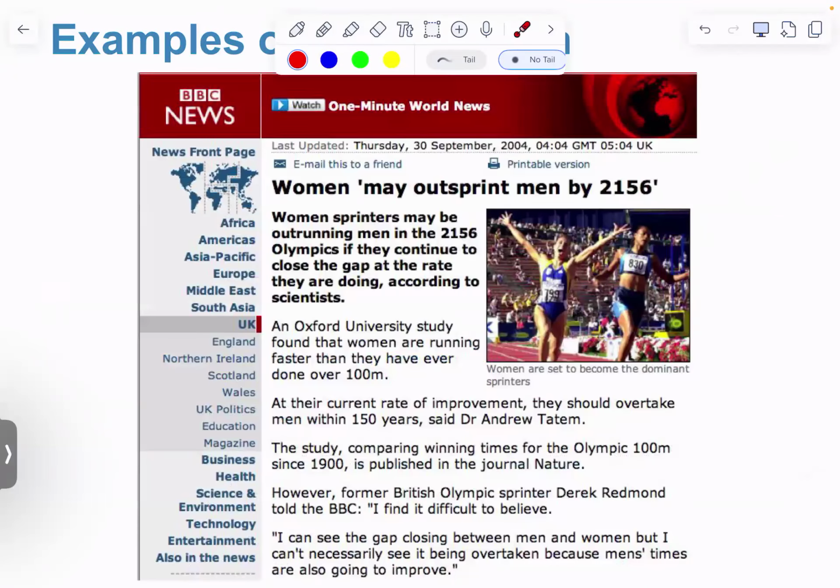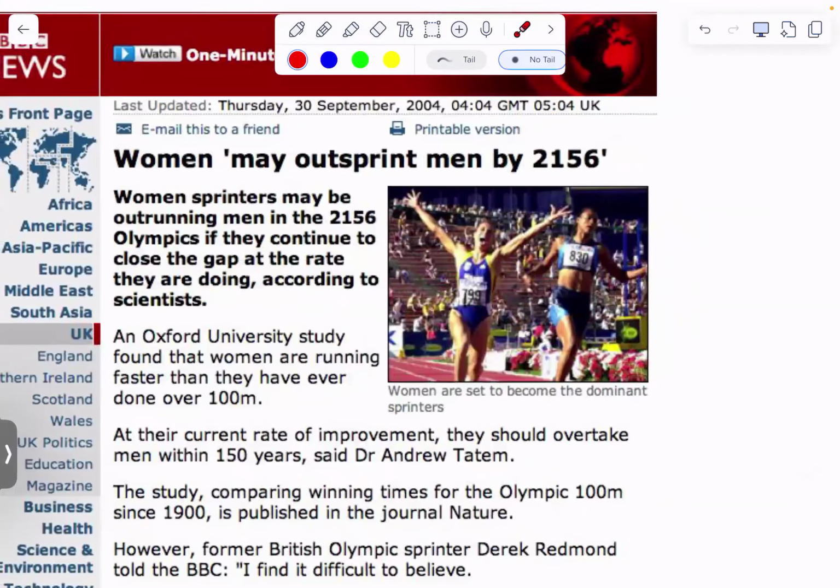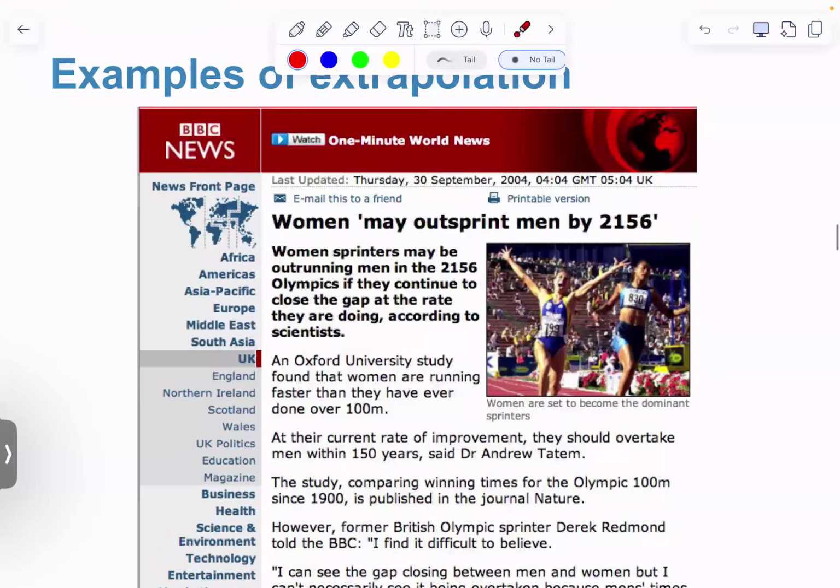The BBC are culprits as well. Women may outsprint men by 2156. Wow, it's crazy, right? Anyways, they published this article. It's crazy that they let that happen because 2156, that's an extrapolation.